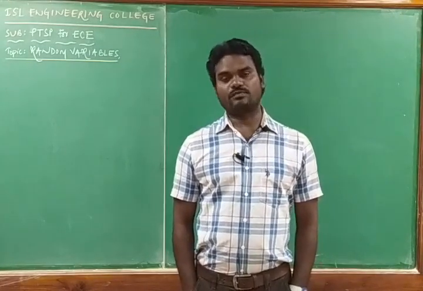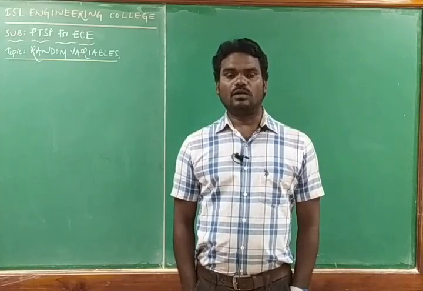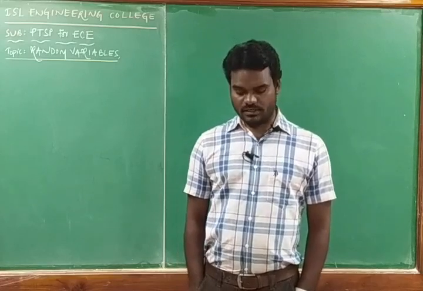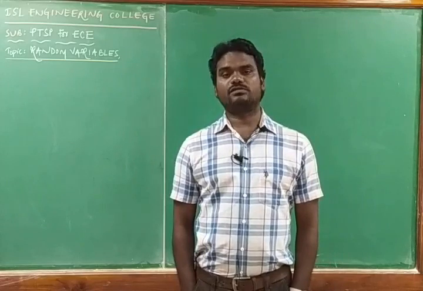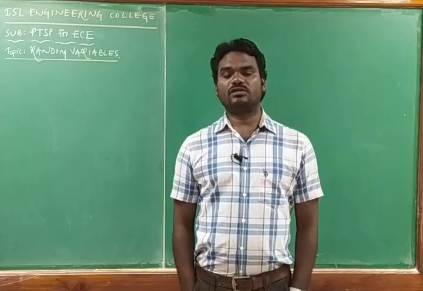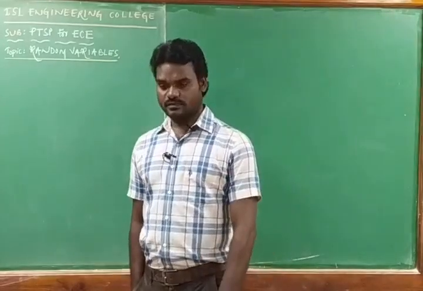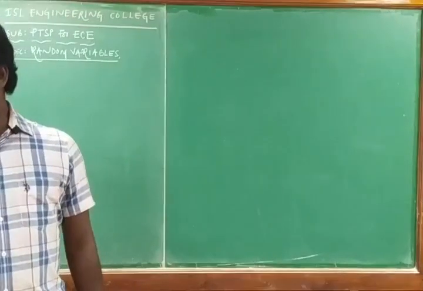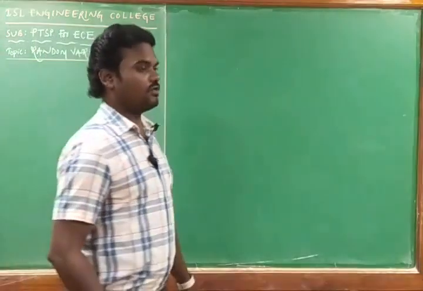Last class I explained what a random variable is and what the probability distribution function is. Based on the previous video lecture, we are going to solve some problems in this class. And to complete the first unit, we require one more class.